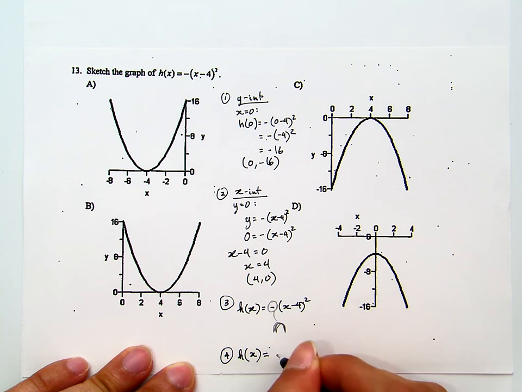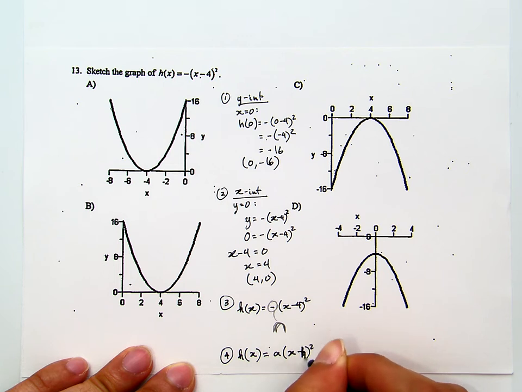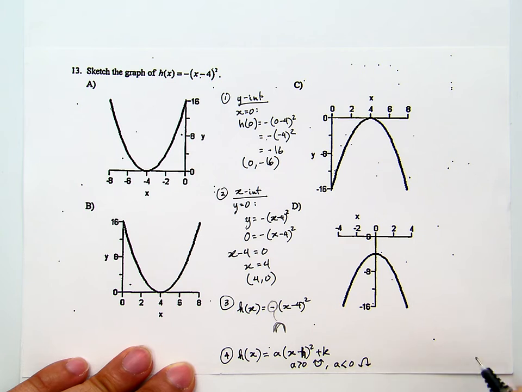If you have a times (x minus h) squared plus k, then if a is positive, it will open up. If a is negative, it will open down.